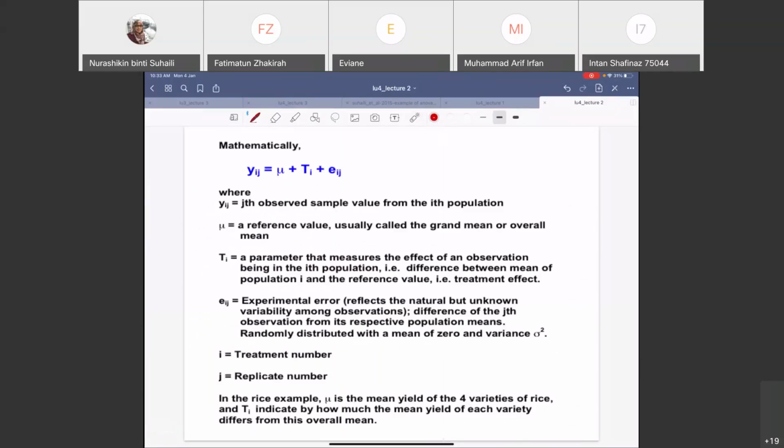When we have a very simple example, when we studied the linear equation, back in Form 5 you already studied it, you have y, x, and the standard equation y = mx + c. So m is the slope, x is the x variable, y is this one, and c is the intercept.